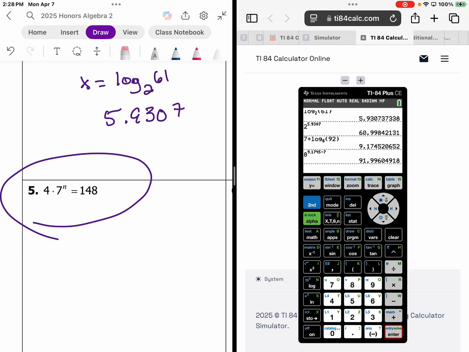How you start? All right, so we need to isolate the 7 to the n power. So the first thing we need to do is get rid of that 4. This is the first one we actually have to move something over to the other side. So I would divide 148 by 4. That's what I would do first.